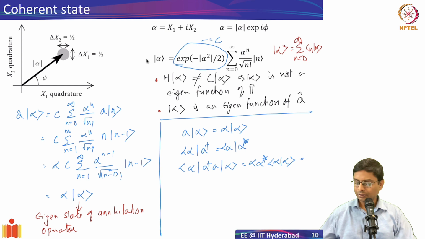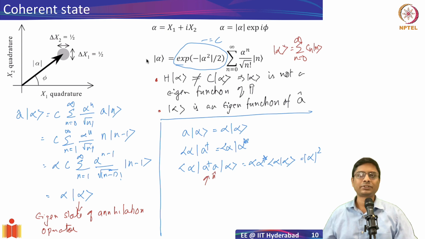So effectively that's equal to alpha square, and this is my number operator. The number operator acting on a state will give me the number of photons in the state, and I'll call the number of photons n bar. So n bar is equal to alpha square.